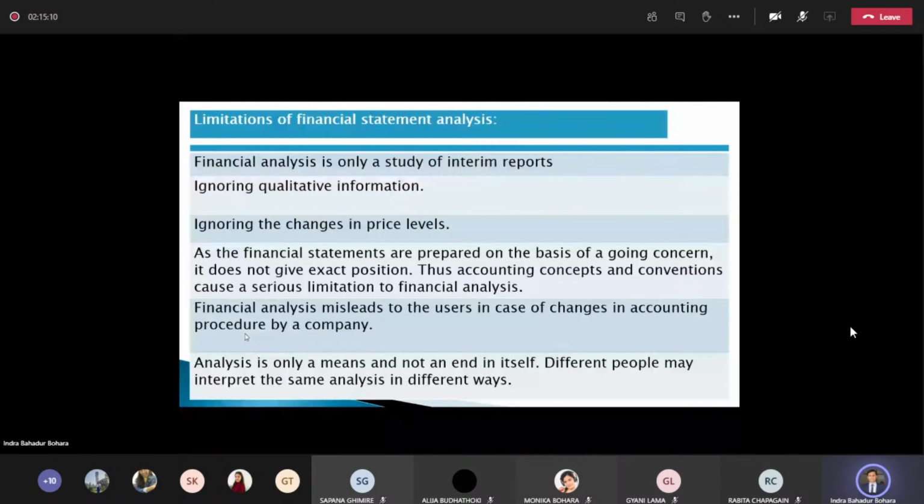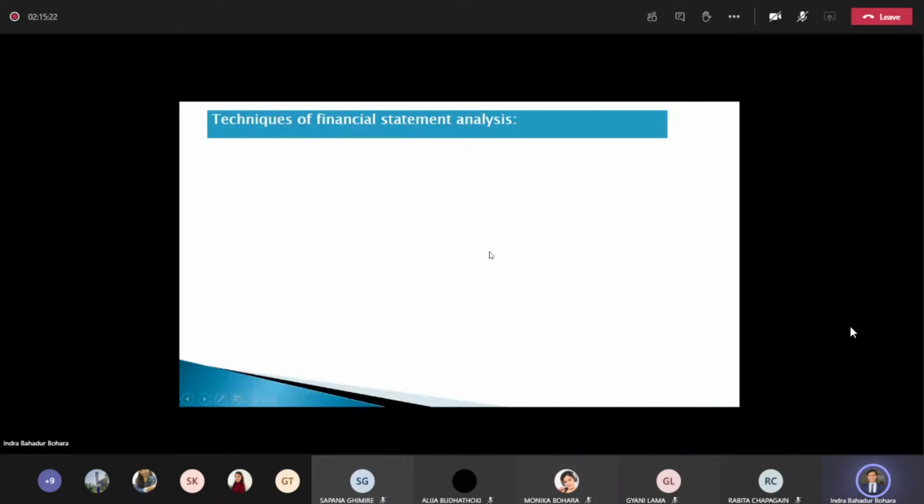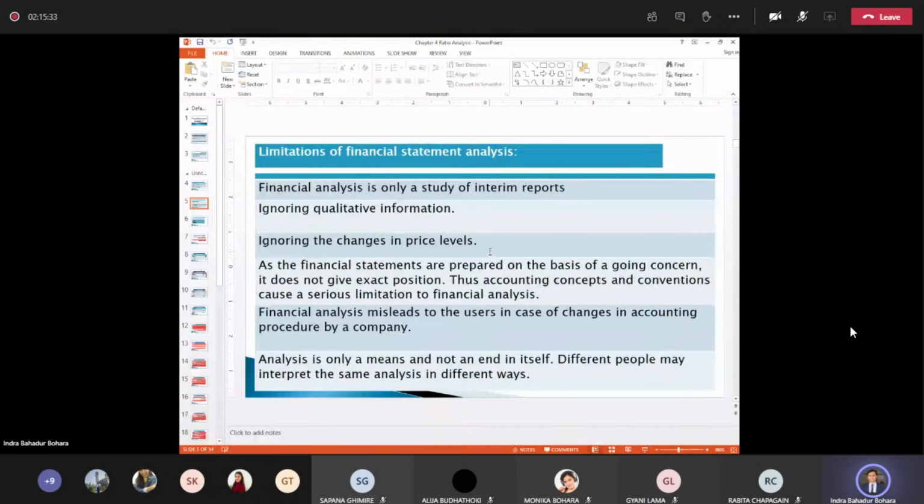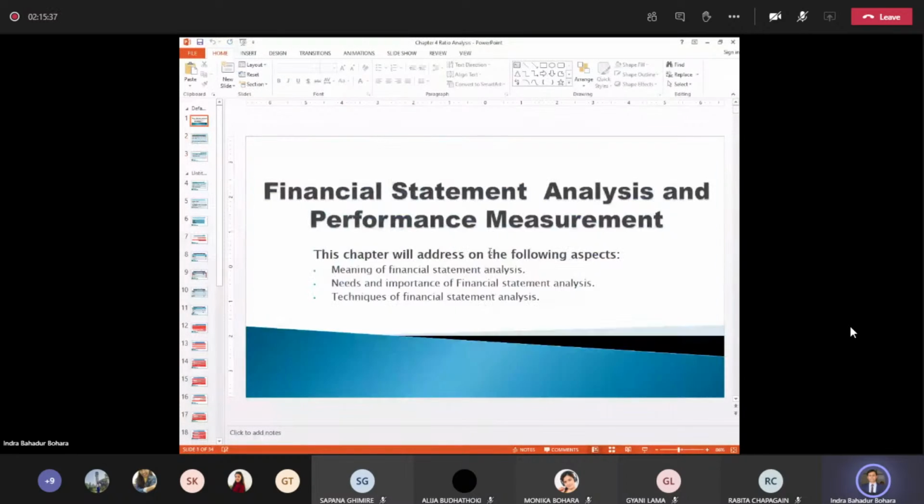So it sometimes misguides the users when they use different financial statement analyses of different experts or analysts. So these are the different limitations, and in the next class we will discuss the techniques of financial statement analysis. That is what we are going to study in the next class, and I am just highlighting this.